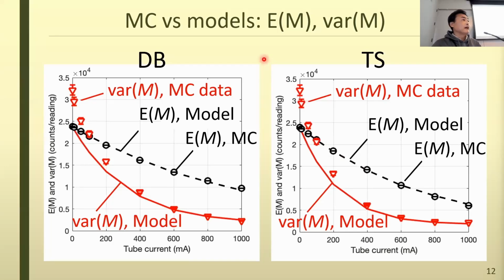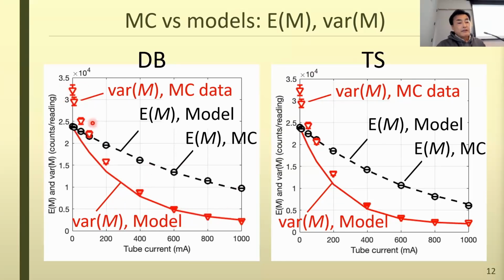How about the agreement with the statistical model? On the left is dB, on the right is TS, and we see the expectation and variance of the total counts here. You can see that the expectation agreed with the model quite well. In the variance data, the Monte Carlo data in the circle markers at the lower count rate is quite a bit larger than the model, but gradually it agreed.